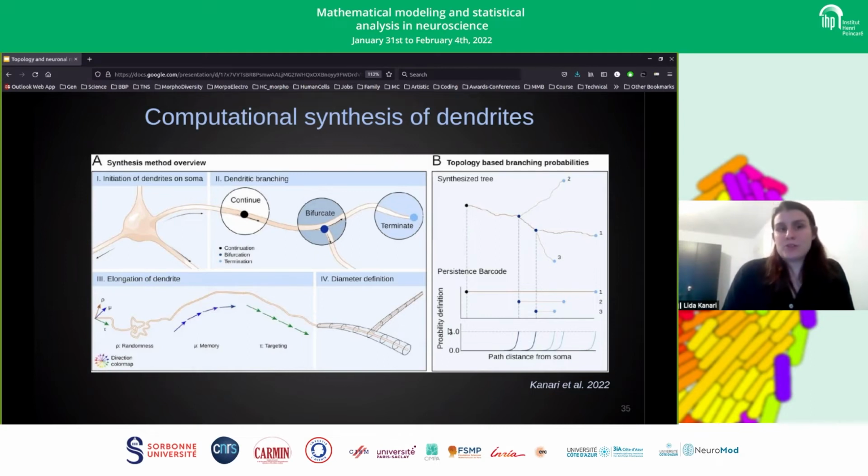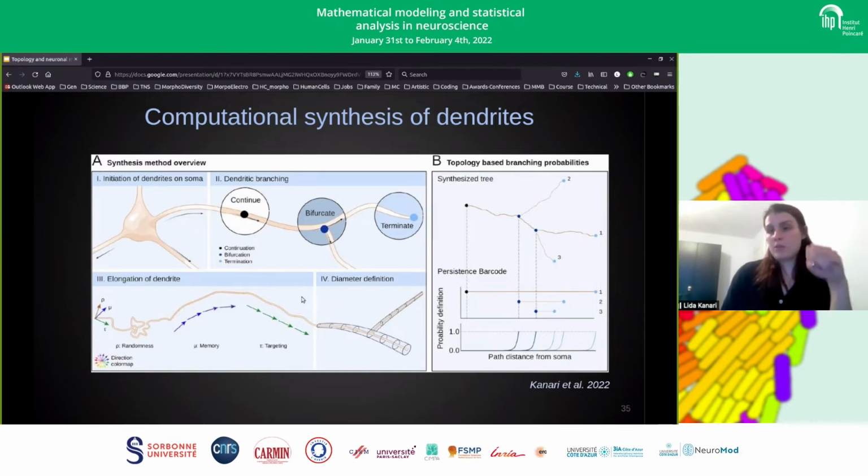And Kathryn will talk more about this relation later on. But what I'm going to showcase here is that we are using this inability to go back to a single tree to create a population of different trees, where each one of these trees is unique, but they have the same topological properties. So how can we do that?